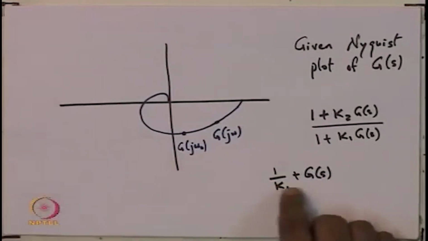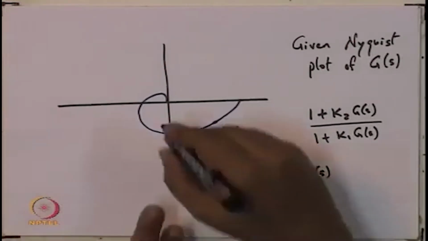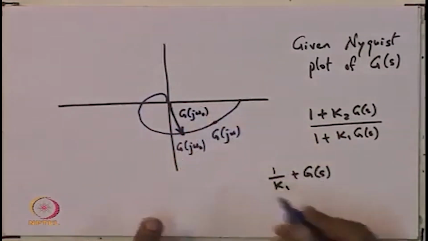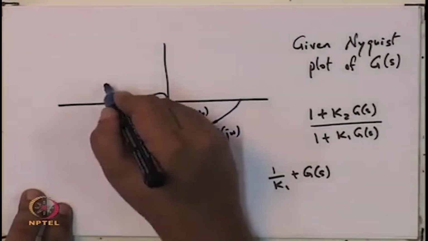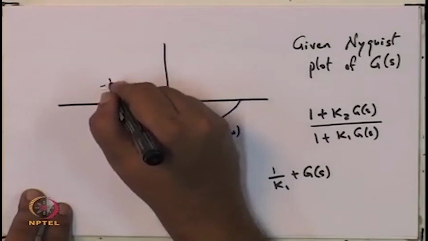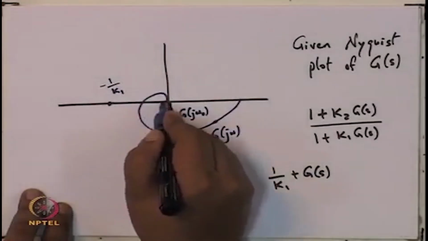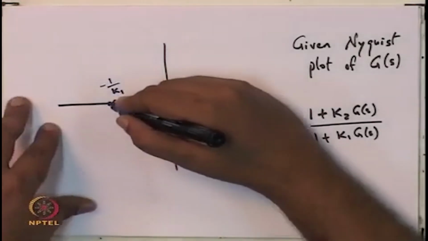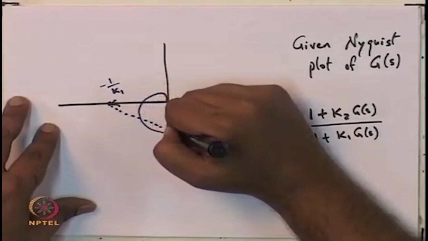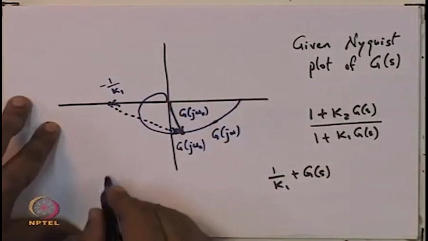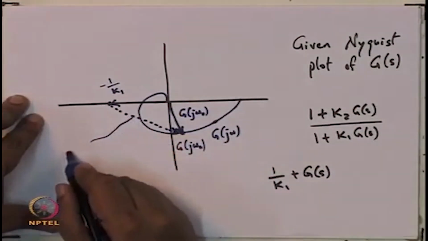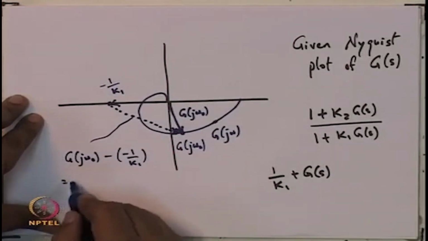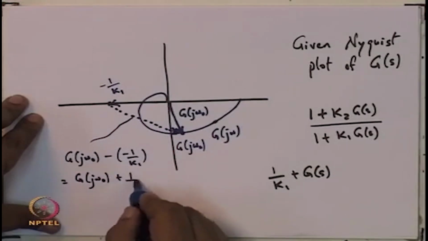Now, if I evaluate this at omega naught, this vector here is G j omega naught, and if this point here is minus 1 by K 1, then this vector here is G j omega naught minus minus 1 upon K 1, which means this is really G of j omega naught plus 1 by K 1.